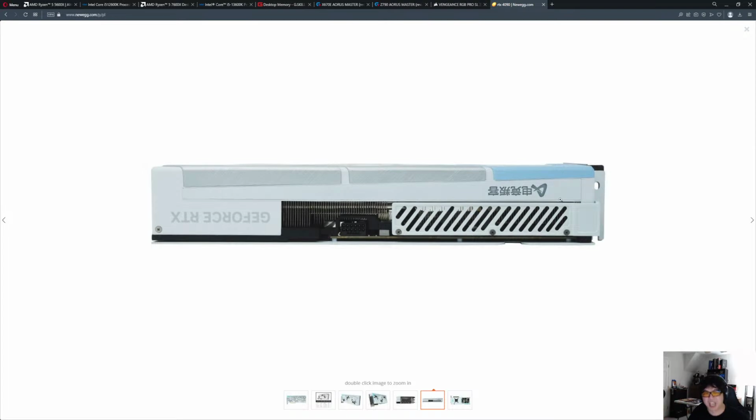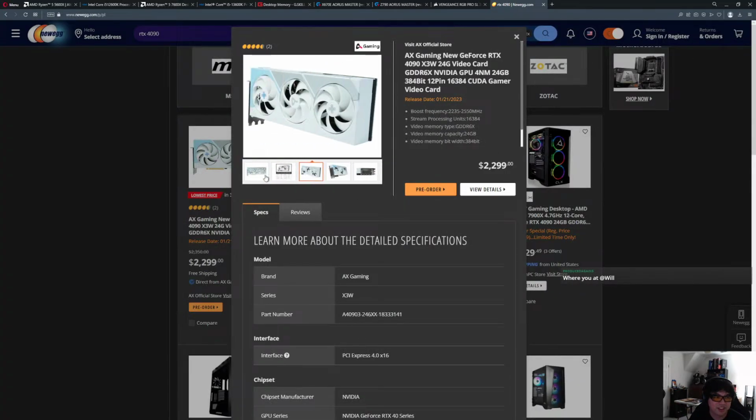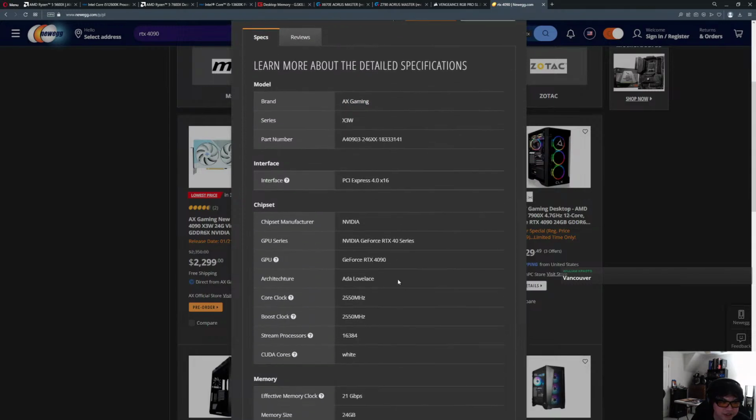So it's like powerful, galactic power, some nonsense. But that's not the brand, that's the gaming brand. Okay, it says AX Gaming. Way to rip off Gigabyte with their AORUS Elite. Hilarious.